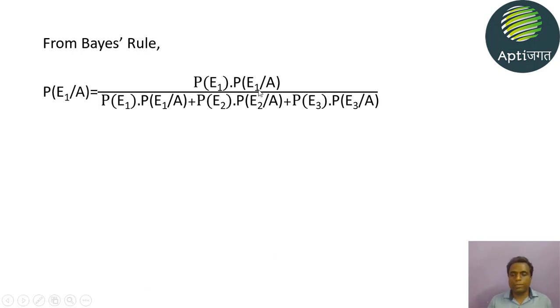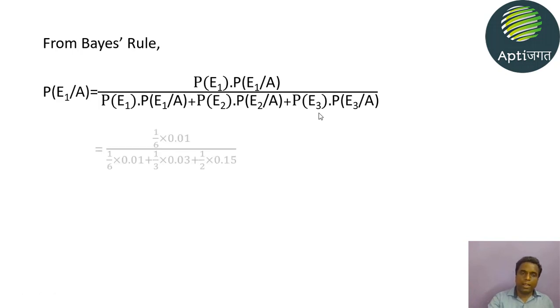All these values are given, for E2 and E3 as well. So we just have to multiply and add. This will be P(E1) 1 by 6, P(A slash E1) 0.01.